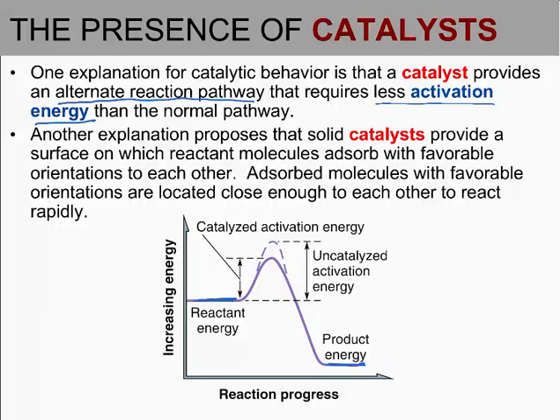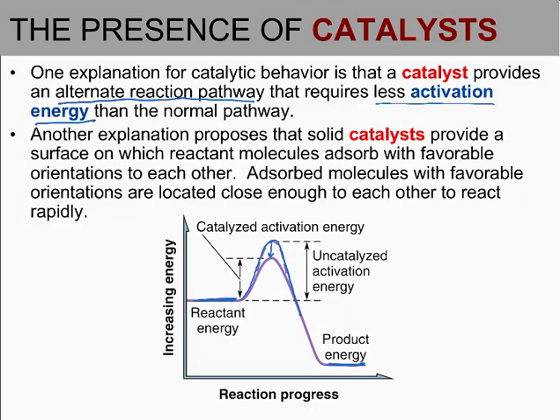And this is an exothermic reaction because the reactants are higher in energy than the products. So if we have an uncatalyzed reaction, so there's no catalyst present, then the activation energy is quite high. However, if we add a catalyst, that lowers the energy required for the reaction to occur.